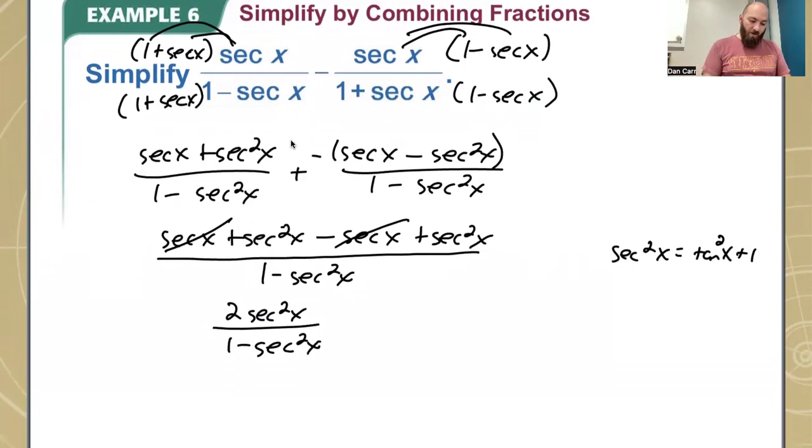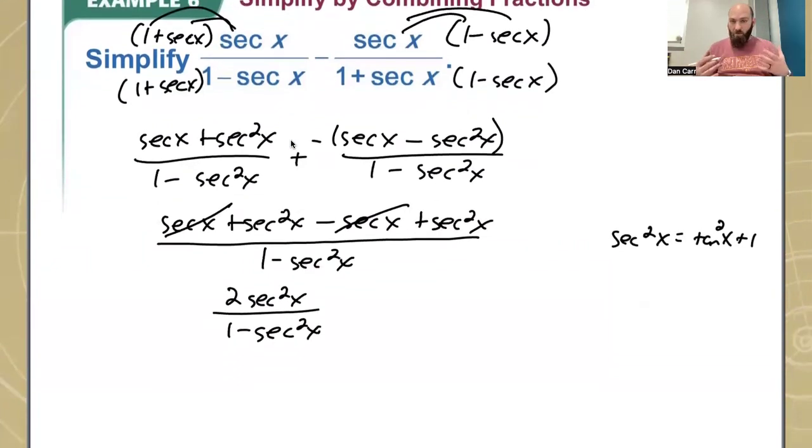Okay. Now, the thing to remember about this one, to again make things a little bit simpler, may not seem that way, but that's the goal. Since I am dealing with secant squared x, I'm going to recognize that I have this identity that we can use. Secant squared x is the same as tangent squared x plus 1. If I rearrange this, I'm going to figure out what 1 minus secant squared of x is, because I want to simplify it into just one term versus having 1 minus like that.